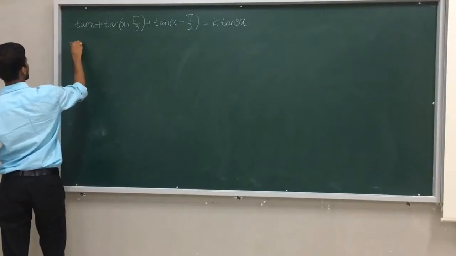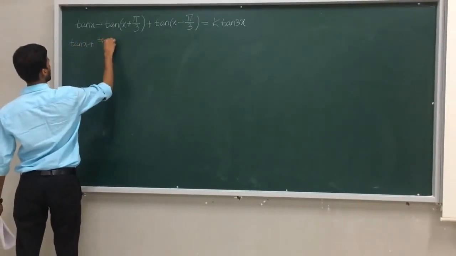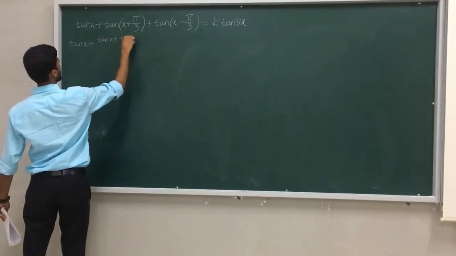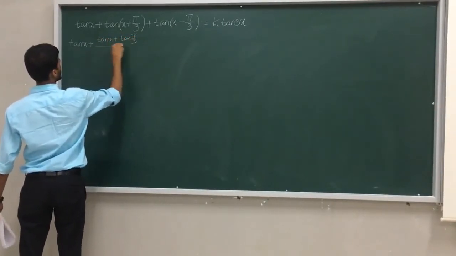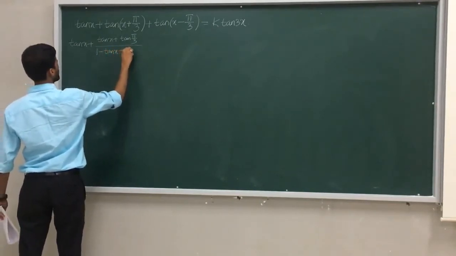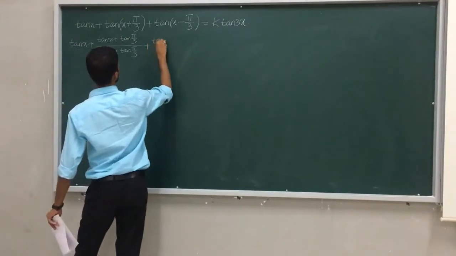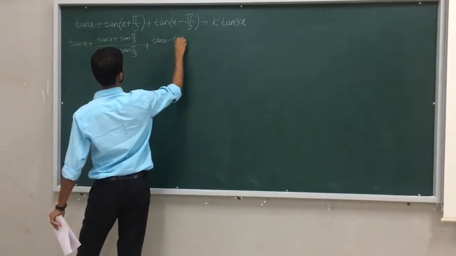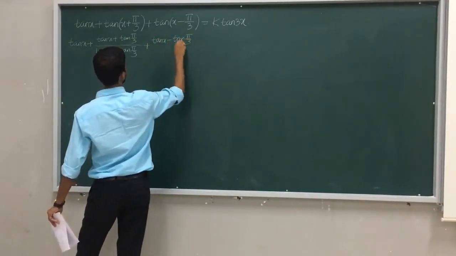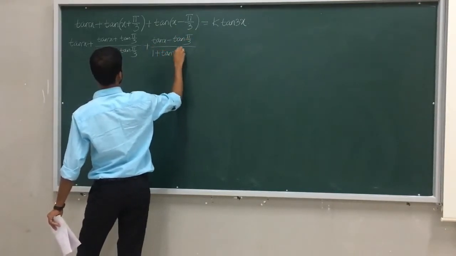So tan x will be as is. I know the tan of a plus b formula, so tan x plus tan of (x plus pi by 3), which is tan a plus tan b divided by 1 minus tan a tan b, right, plus here tan a minus tan b upon 1 plus tan a tan b.